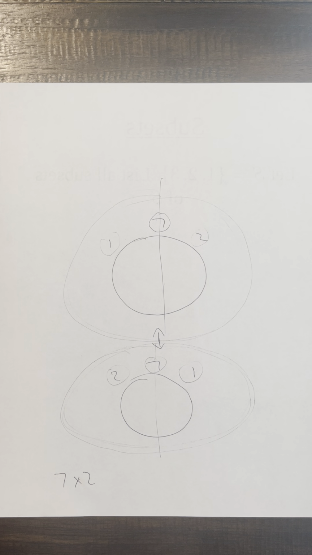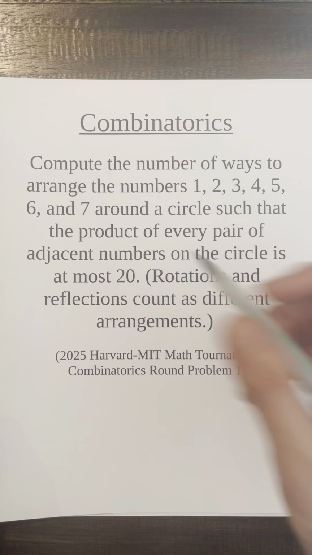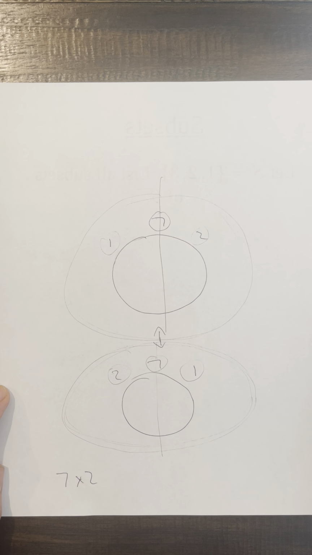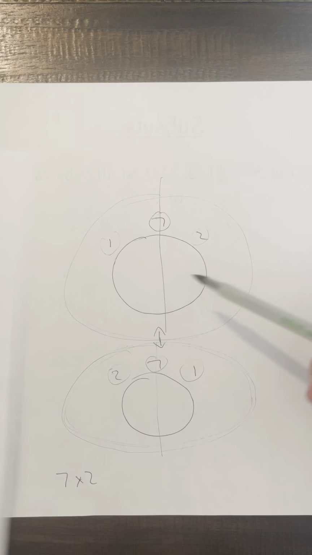As a hint, we want to place down the number that has the most restrictions. So which one would have the most restrictions? 6. Okay, so we place down 6 because it can only be next to 1, 2, or 3. And we already placed down 1 and 2.